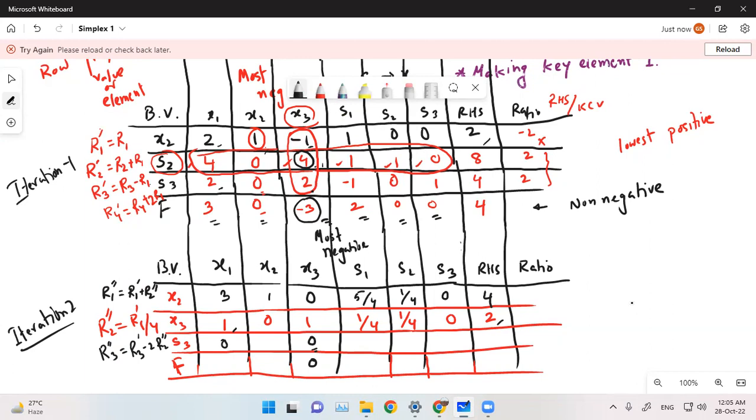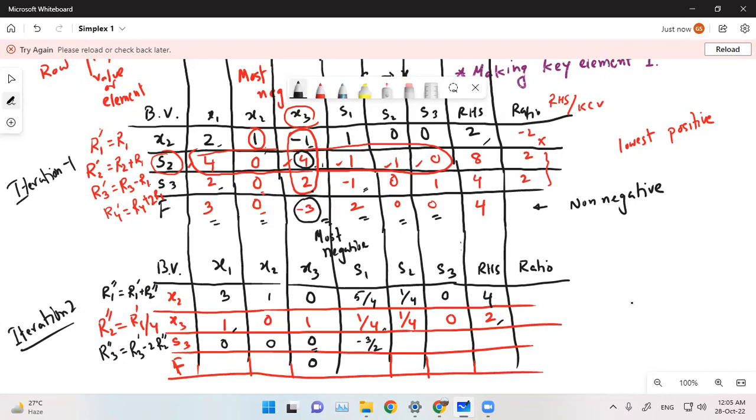Then 0 minus 0, so basically this will also be 0. Then R3, which is basically minus 1, then minus half, if we multiply by 2, this will now be minus 3 by 2. Minus 3 by 2.